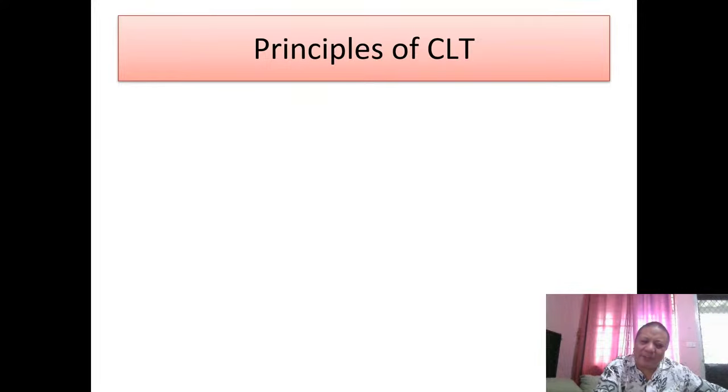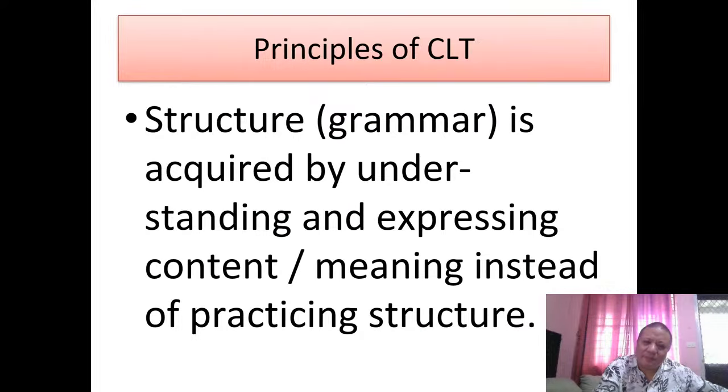Here are some principles of communicative language teaching. The first is structure or grammar is acquired by understanding and expressing content or meaning instead of practicing structure. In audiolingualism, based on behaviorism, it's structure that's practiced.